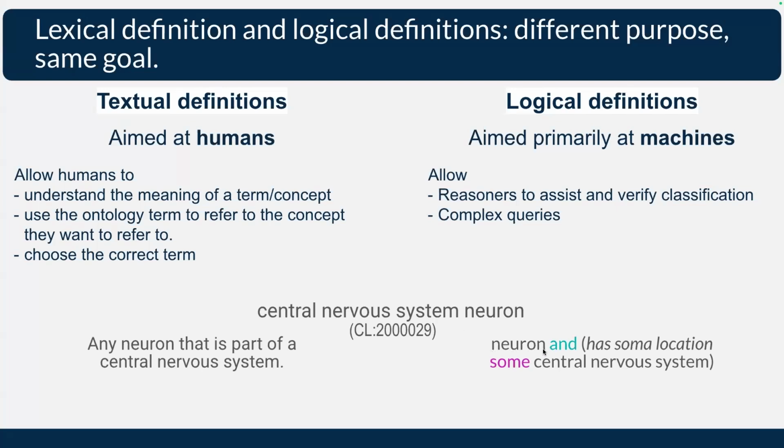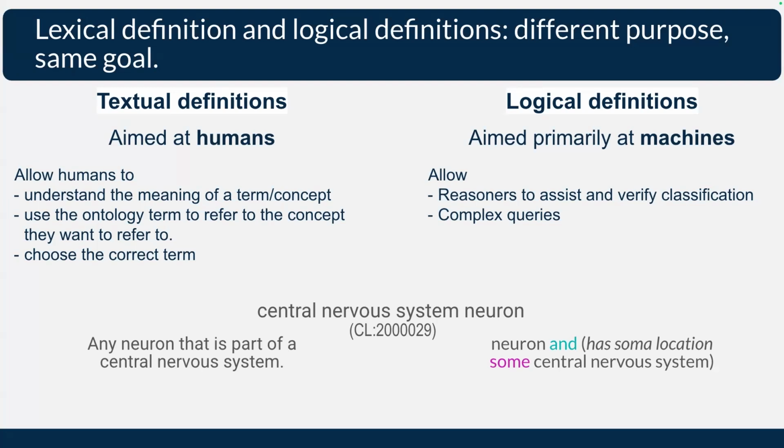So the definition that you see here is in computer language: neuron, and has some location, some central nervous system, where all of those terms are actually represented behind the scenes by an identifier. If you need more information about what a reasoner is and how it works and why we need them, there are other obo-academy sessions. If you cannot find anything and you want a session about that, just drop us a line and we'll make it happen.